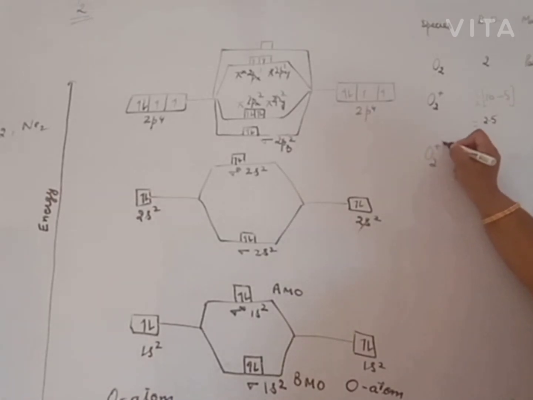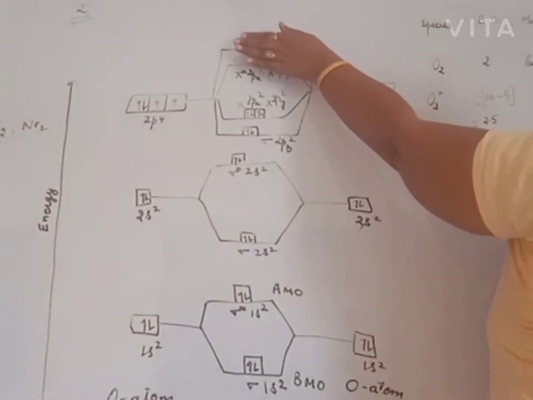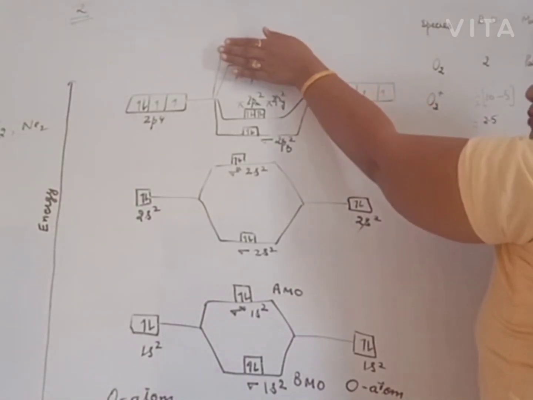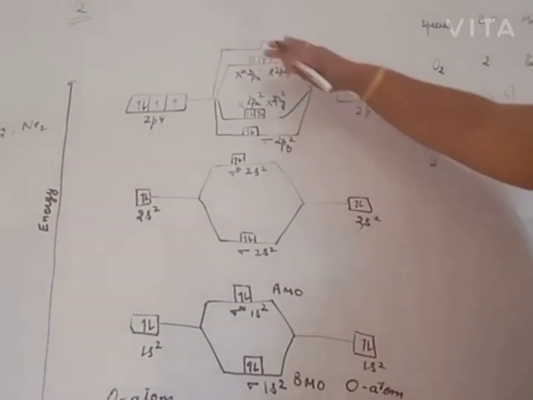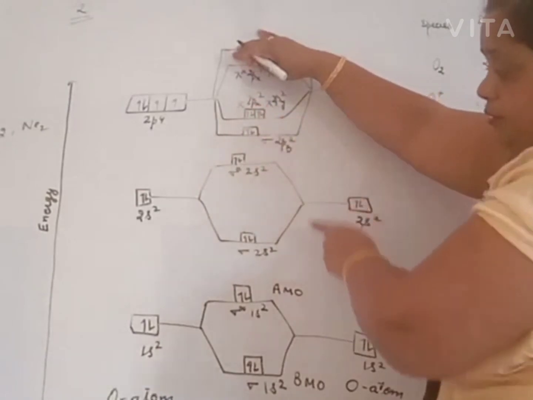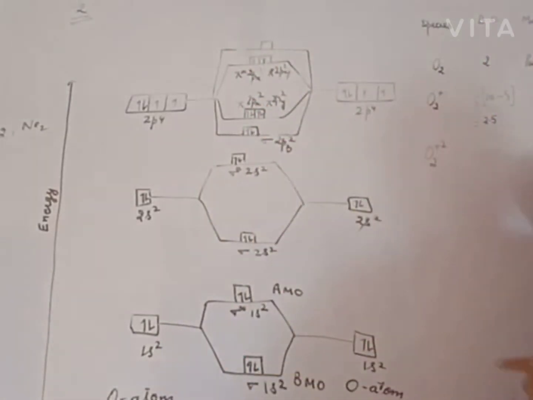Now oxygen di-positive. Di-positive means both electrons are removed from the anti-bonding level because it is the higher energy level. Both electrons are removed, so all electrons are paired. That means diamagnetic.